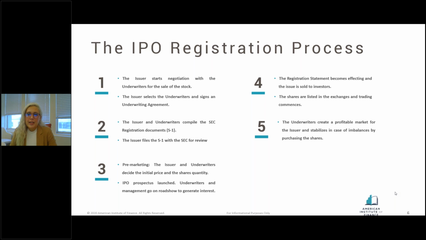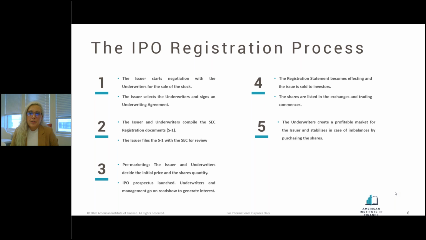Now, once you're ready to start the actual IPO process, we can identify 5 key steps. The first one is whereby the issuer starts negotiating with the underwriters for the sale of the stock.